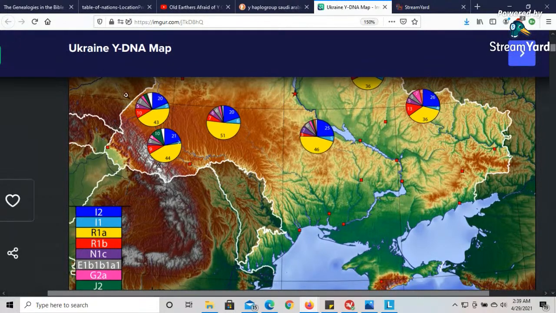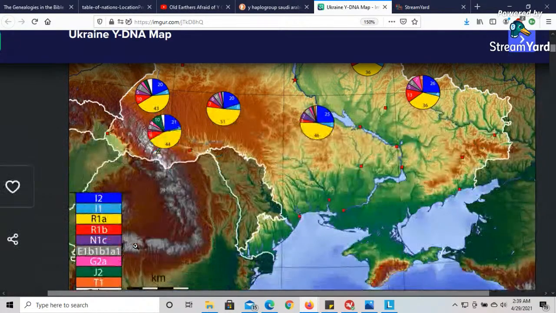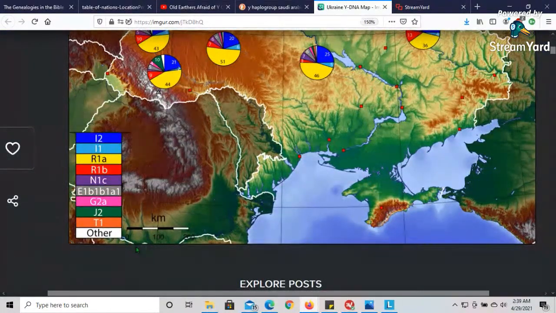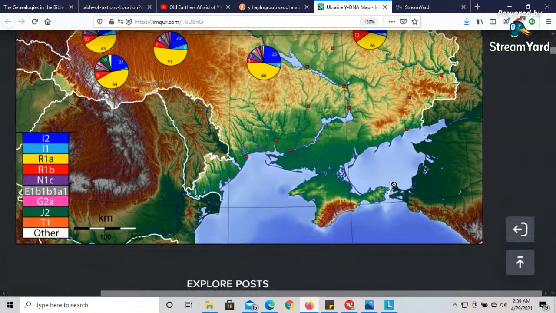Okay. G, of course, is Assyria. Assyria from Asher. That's the G2. Of course, it could be some Assyrians that wandered up in this area too, but they accompanied the Jewish people.